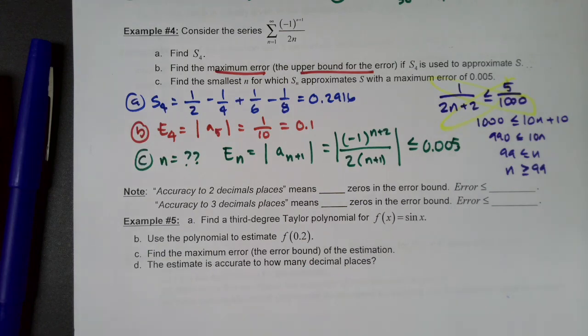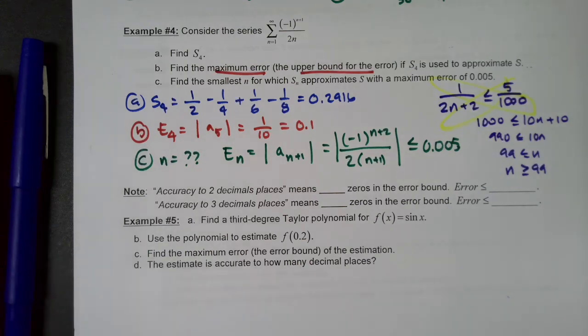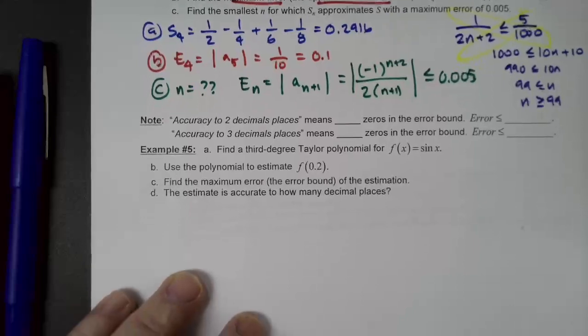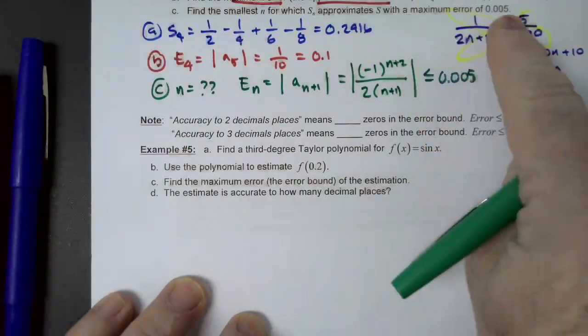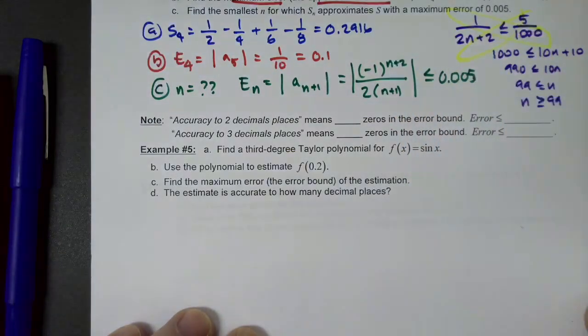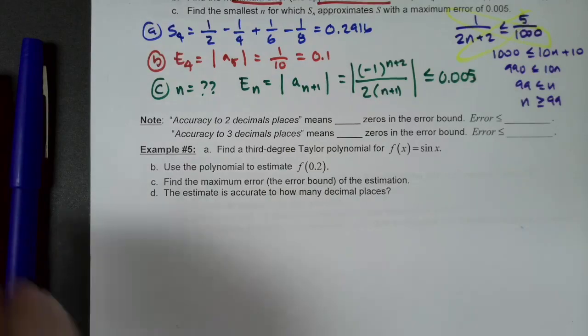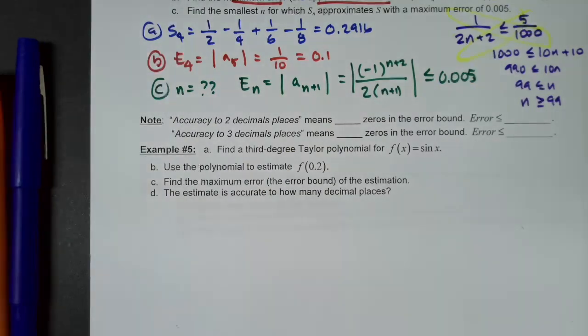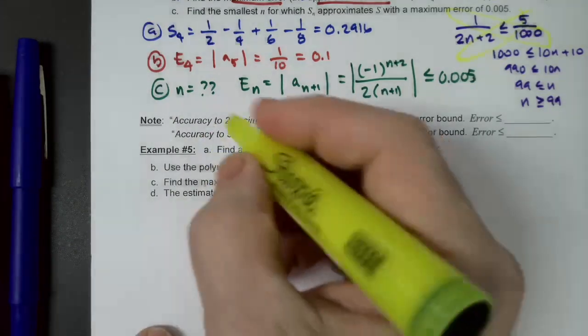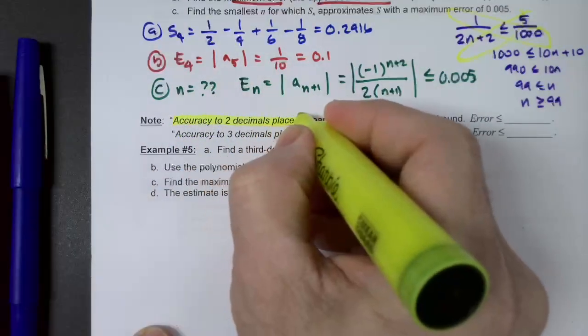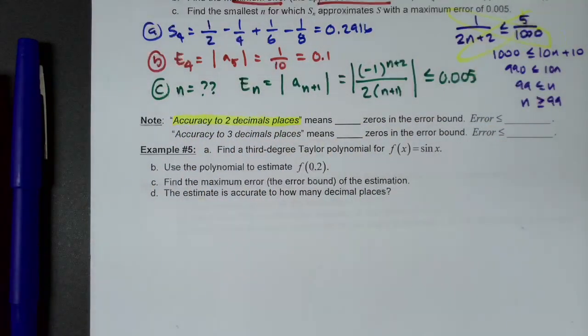So, on this idea of accuracy, this one said, hey, we want a maximum error of this. Sometimes they're going to word it a little bit differently. They'll say, we want an accuracy to 2 decimals. You probably had some problems like that before. Hey, give your answer to 2 decimals.